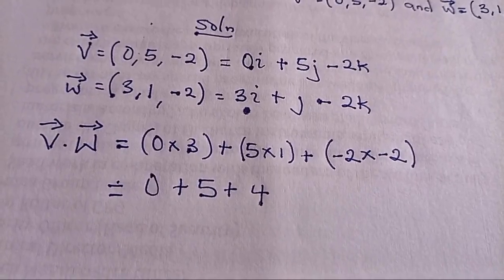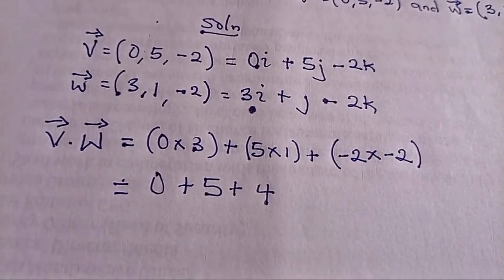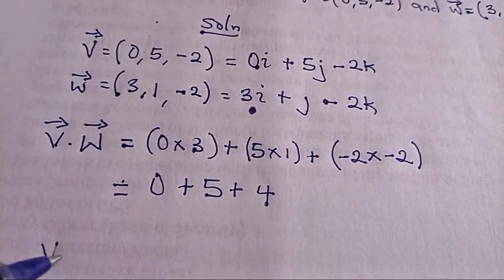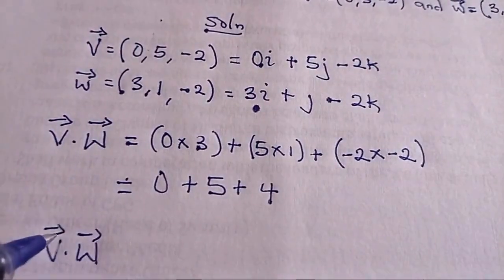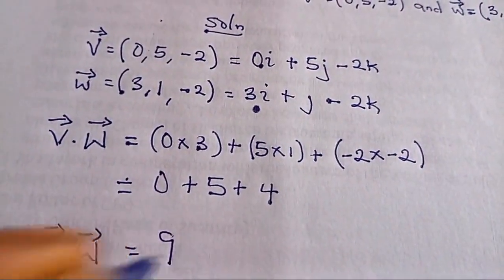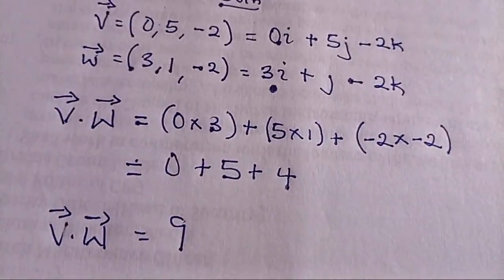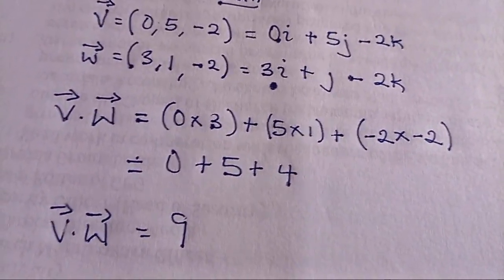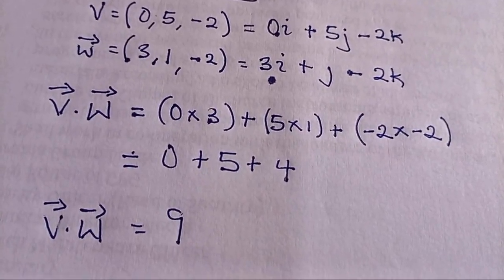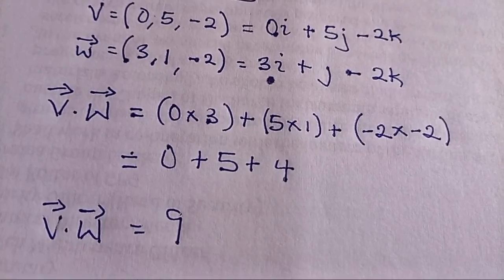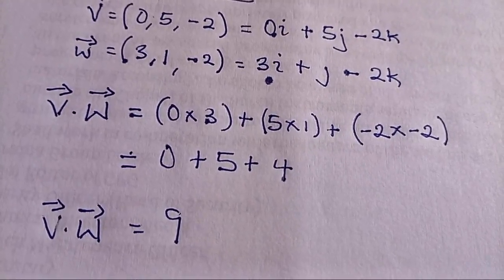So the scalar product of vector v and vector w, represented by v dot w, is equal to 9. And so this is how to find the scalar or dot product of vectors.